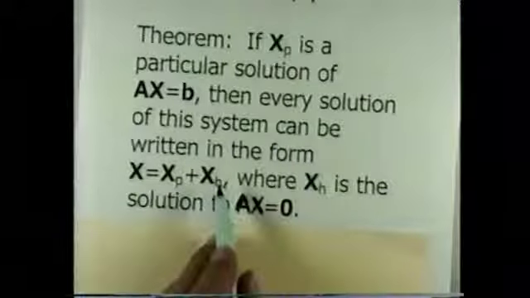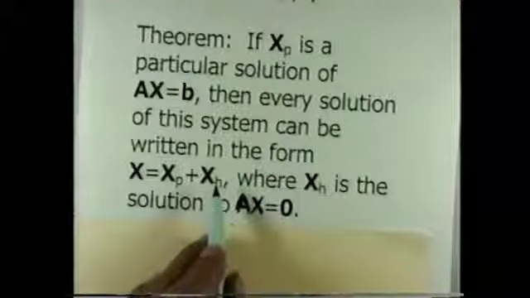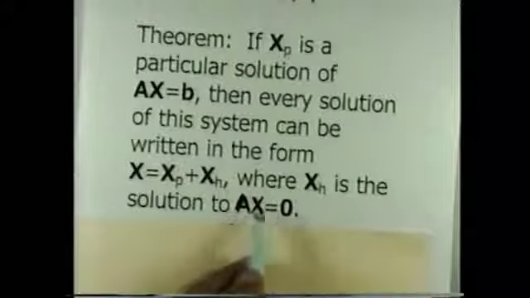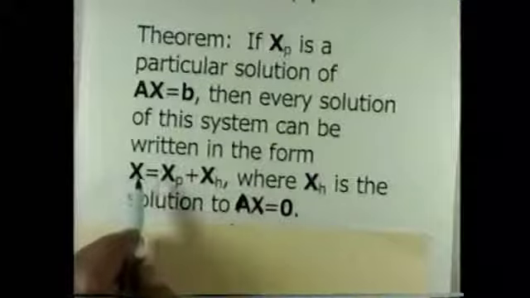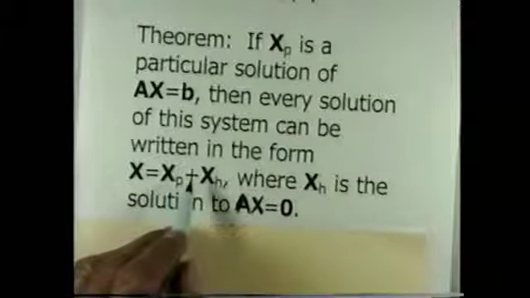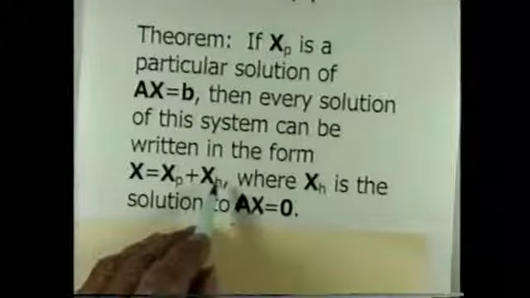Now the h comes from the homogeneous system. Ax equals 0 is a homogeneous system, so xh comes from the solution to the homogeneous system. So every solution, the general solution, can be written in the form of the particular solution plus the solution to the homogeneous case.